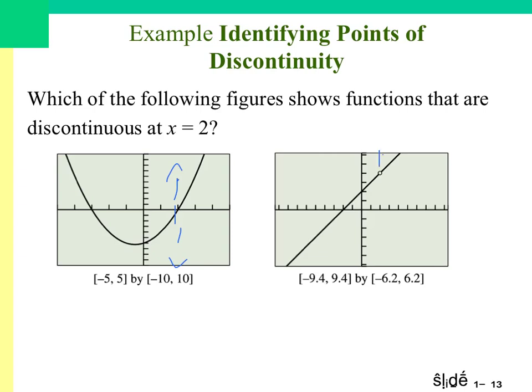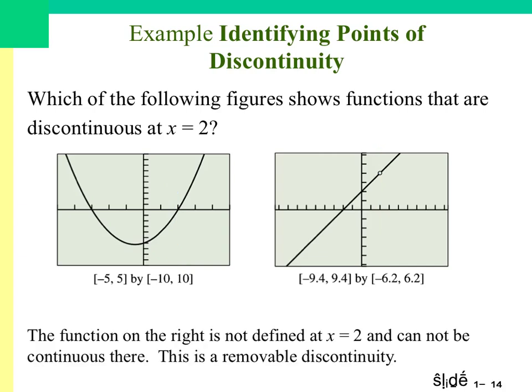And how about here? Oh, see how at 2 it goes through that? What's that called again? So this one is discontinuous, and what's that called? The function on the right is not defined at x equals 2, so it cannot be continuous. It is a removable discontinuity because it's just one point you remove and it would be continuous. Okay?